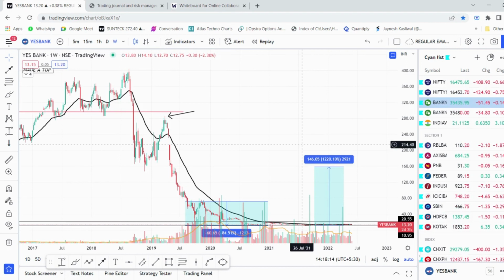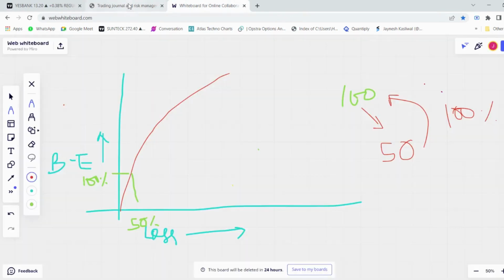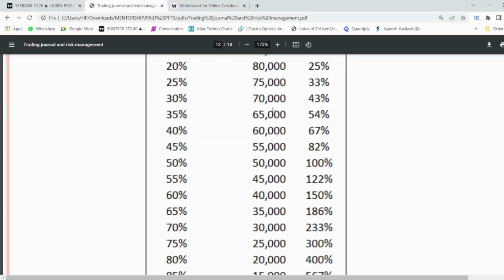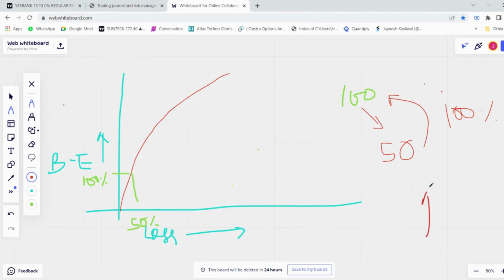But definitely we should try to reduce our losses to a maximum of, let us say, 25%, because even at 25% loss we require a 33% gain to get back to break even, right? So this is what is meant by managing losses. And you have to think in terms of risk to reward.